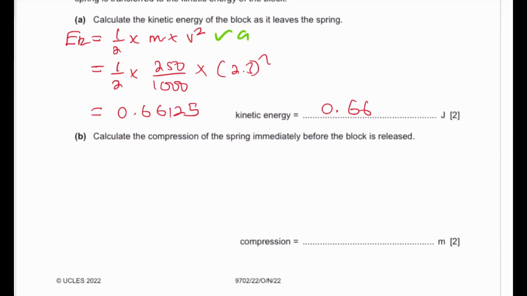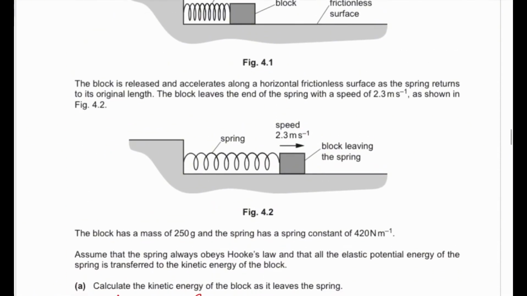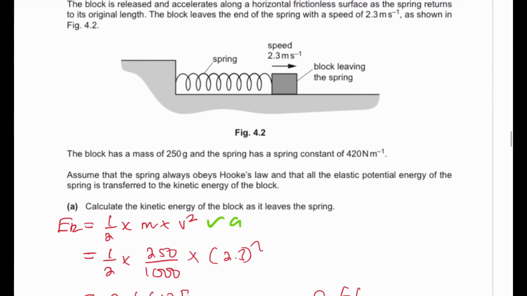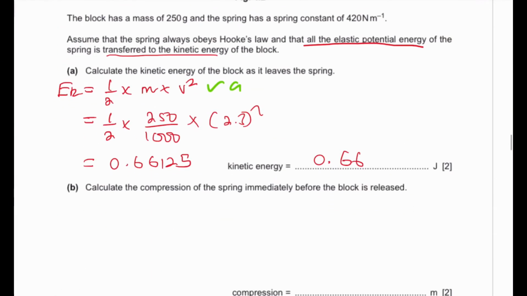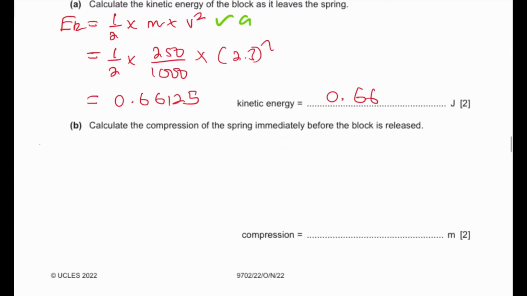Then you're about to calculate the compression of the spring immediately after it is released. Get this, guys: all the elastic potential energy is transferred to kinetic energy. How do you find elastic potential energy? Well, elastic potential energy is basically the area underneath a graph.